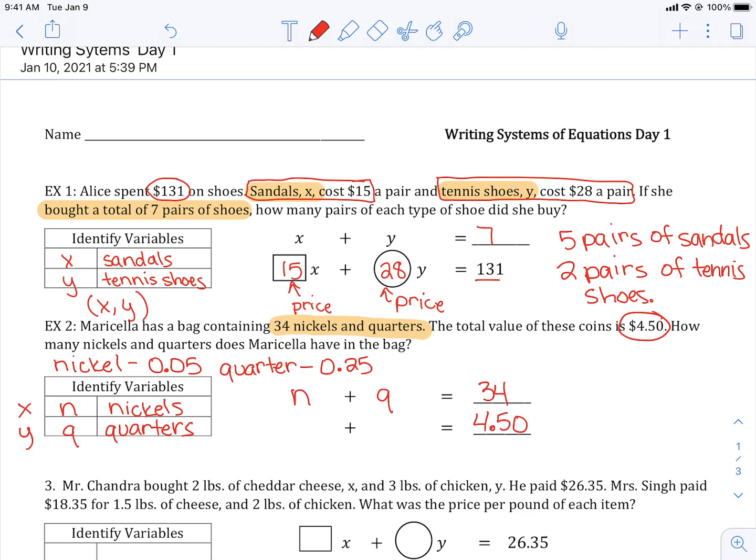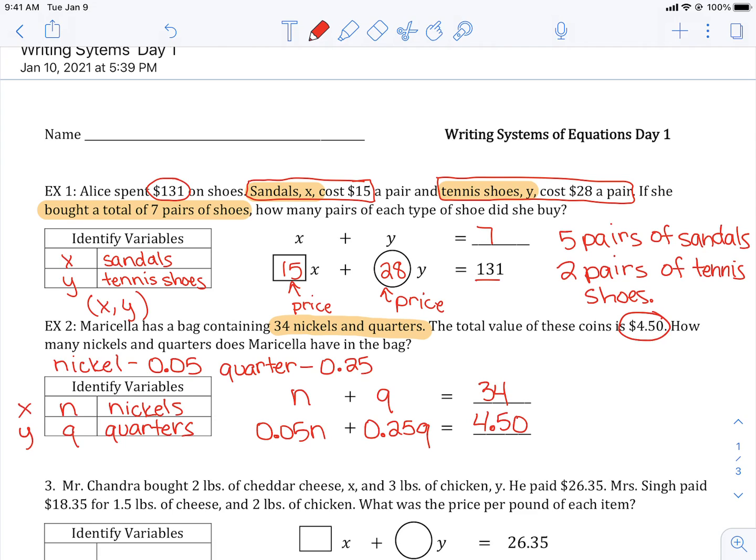So I'm going to take my nickels and how much a nickel's worth, 0.05 times my nickels, plus how much a quarter's worth, 0.25 times my quarters, and it's going to equal the price of $4.50.